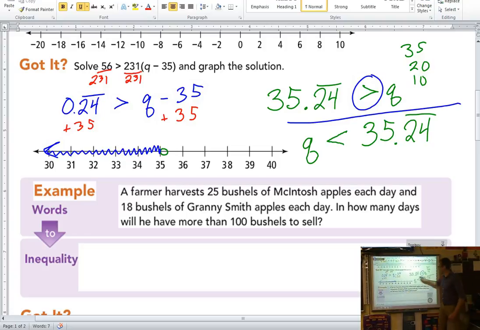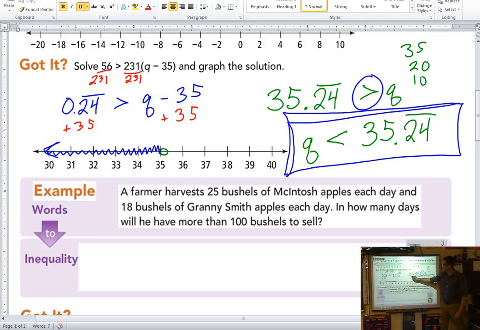This is why we turn it around like this. I always advise that you write your variable first. The values that we're solving for, Q, are less than this number. Does that make sense now? I was saying it as 35 was the answer instead of Q. Right, so are you good now?